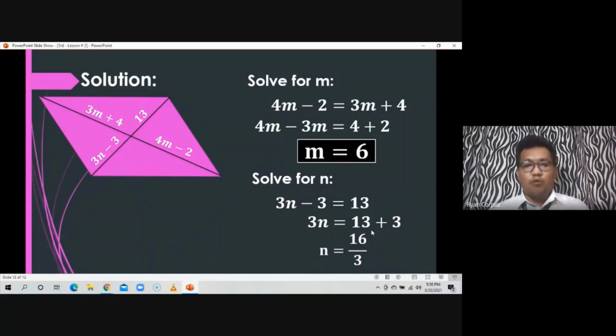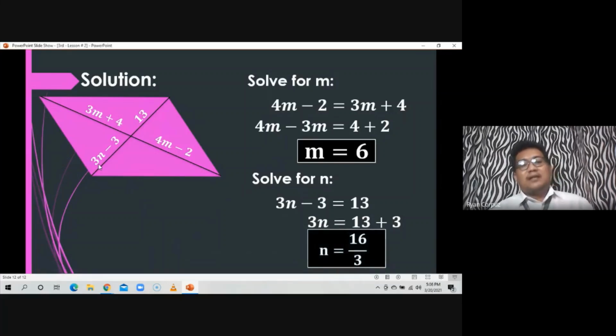Nasa ganun yung value of n. So, 16 over 3. Pag pinrove natin siya, 3 times 16 over 3, cancel yung 3, try 16. 16 minus 3 is equal to 13. So therefore, n is equal to 16 over 3.